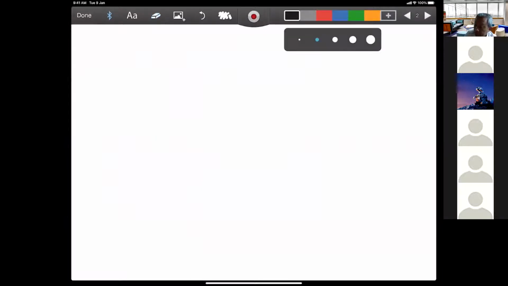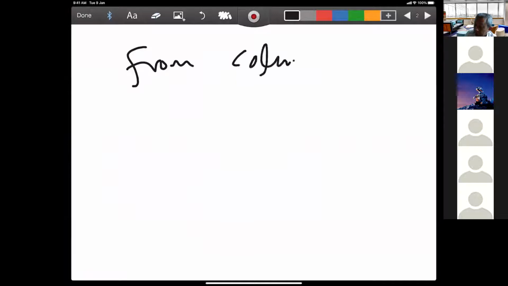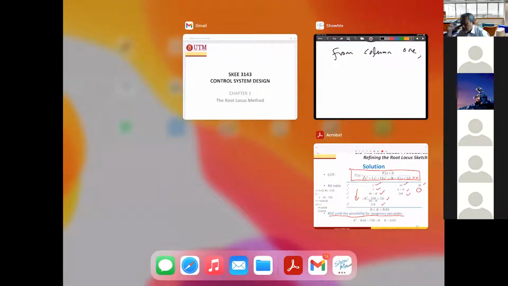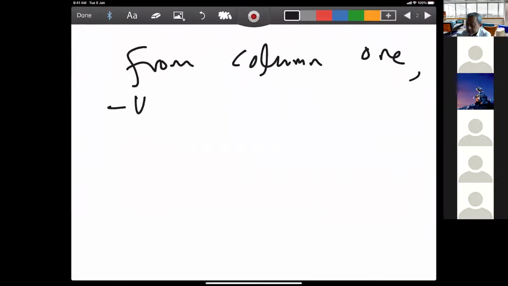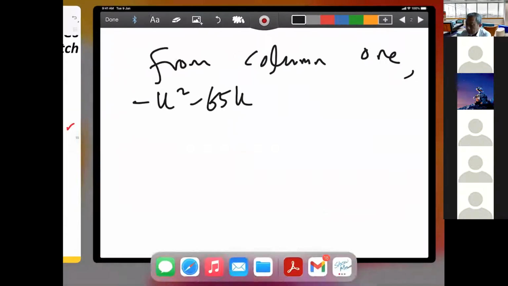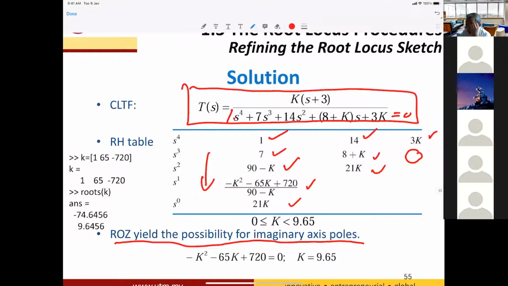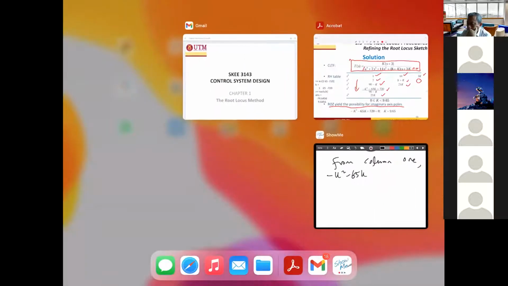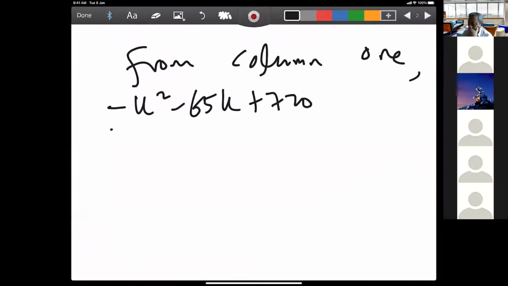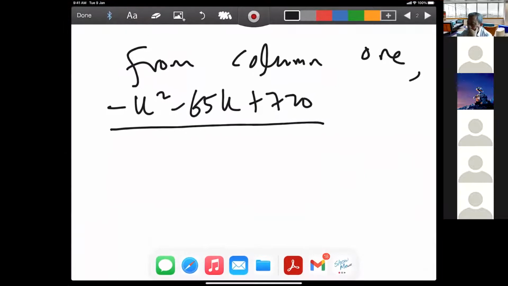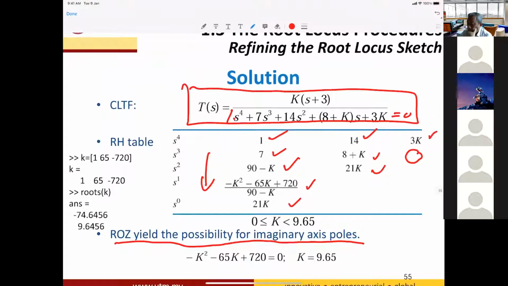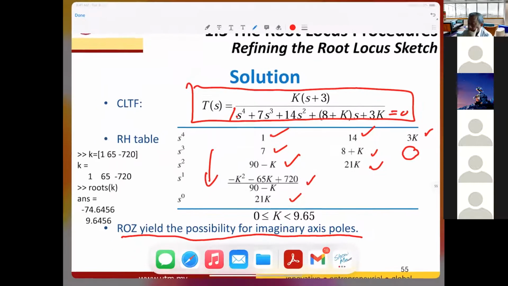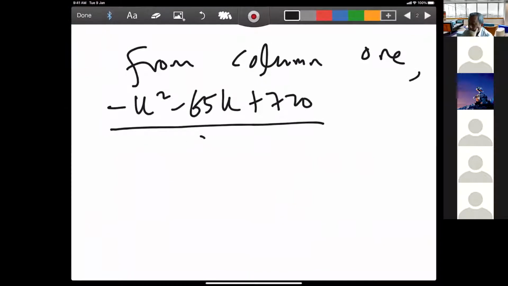From column 1, you see that minus K square minus 65K plus 720 over 90 minus K, for stability, must be greater than 0.